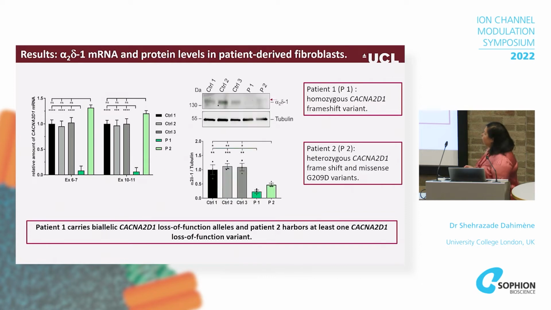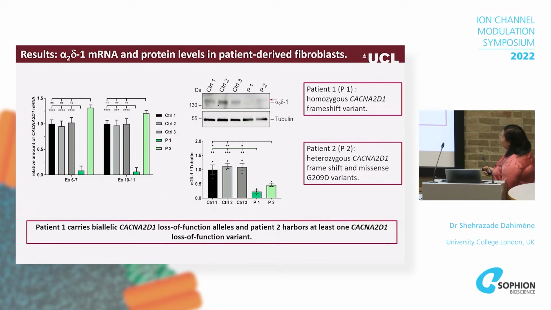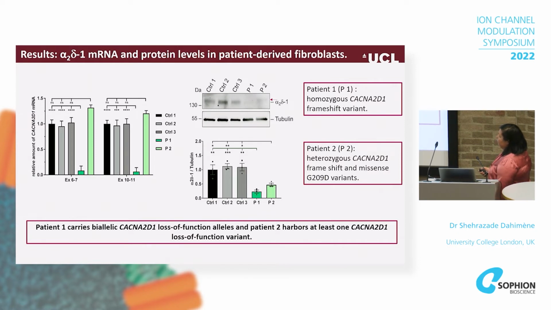At the protein level, it's the same thing. Fibroblasts from 3 healthy controls, patient 1 and patient 2 were used. This is an example of an alpha2delta-1 and tubulin Western blot, and this is the quantification. You can see that patient 2, although showing a reduction in protein level compared to the control, showed expression of alpha2delta-1.